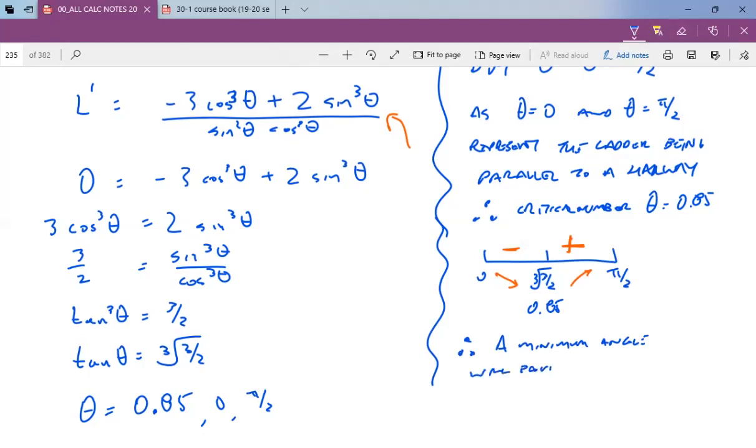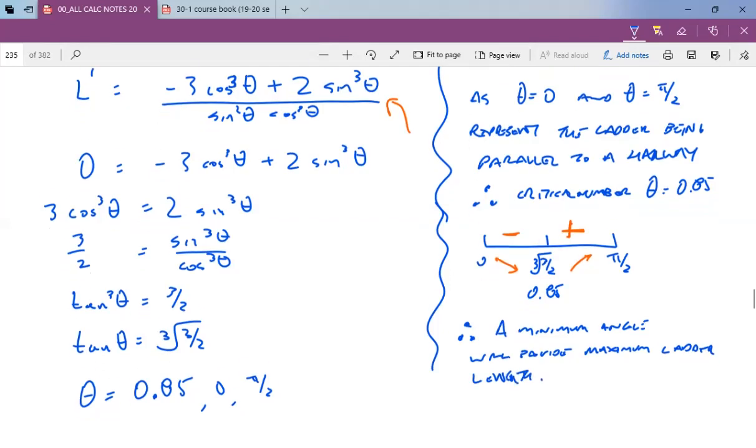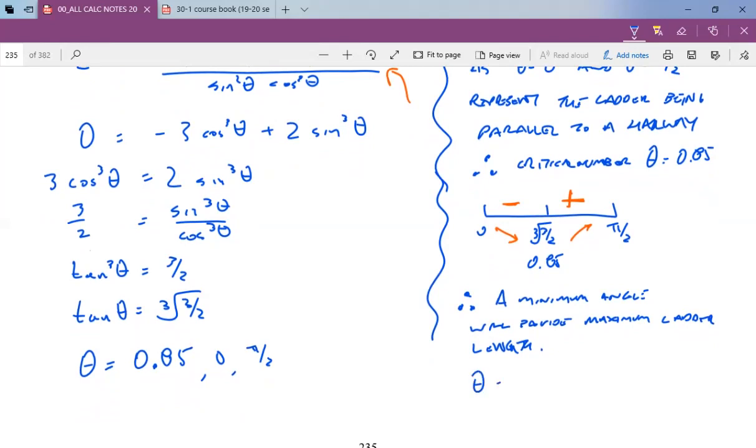provides maximum ladder length. Therefore, theta equals 0.5.